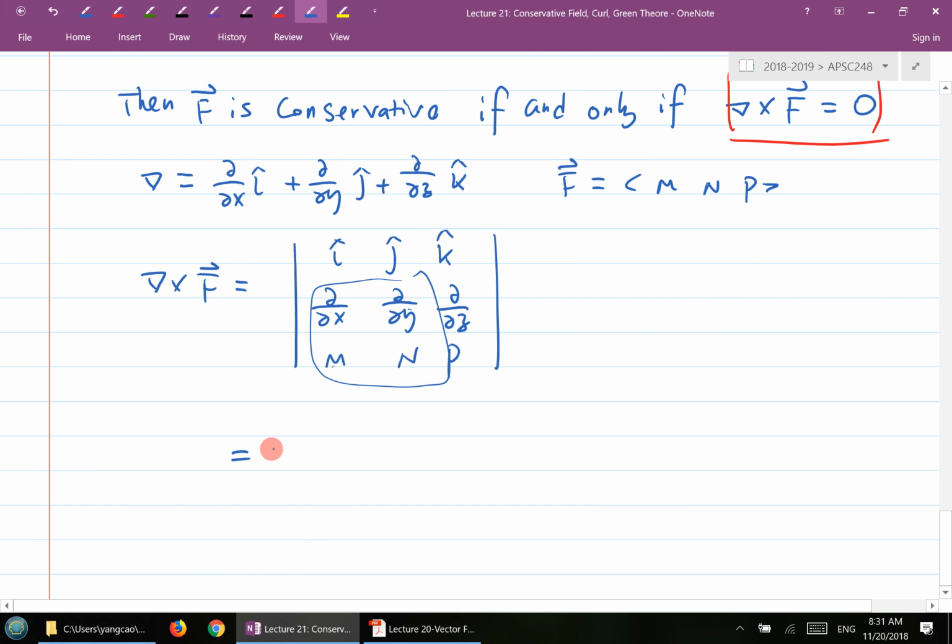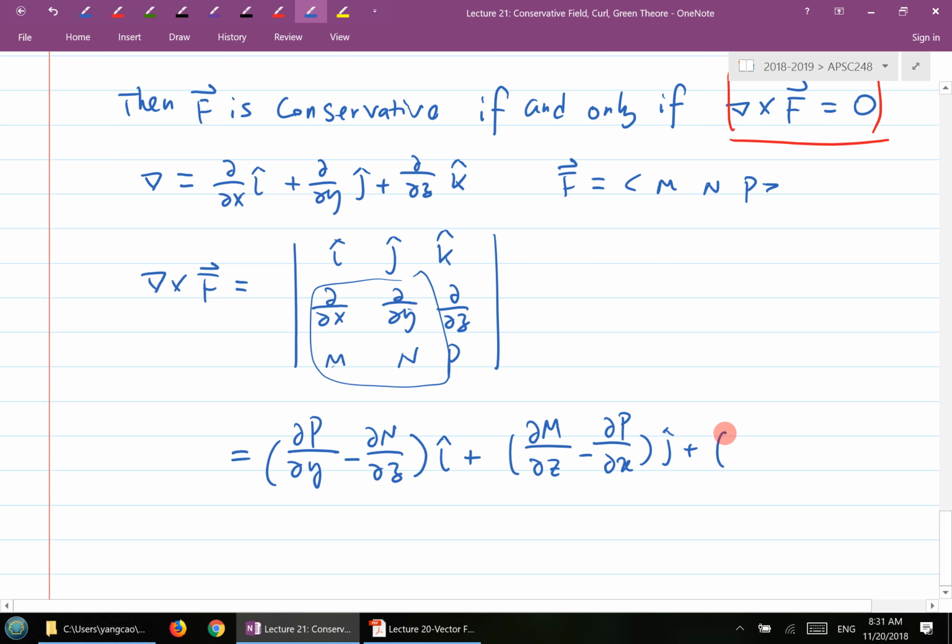And we end up with partial p over partial y minus partial n over partial z, i hat, and then partial m over partial z minus partial p over partial x, j hat, and partial n over partial x minus partial m over partial y, k hat.